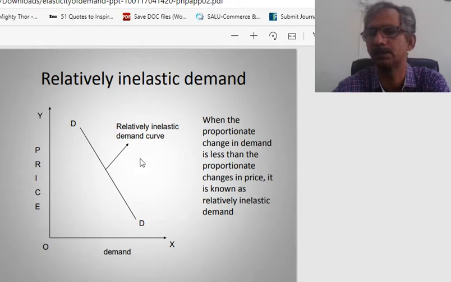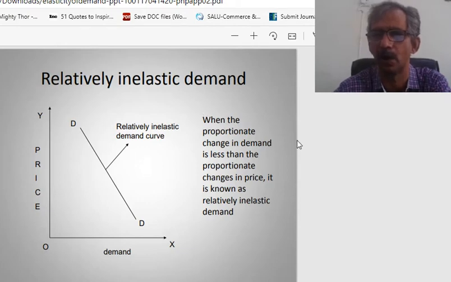When we calculate the price elasticity of demand, if the answer is less than 1, it means when 1% change in price causes less than 1% change in quantity demanded, we say there is a relatively inelastic demand or inelastic demand.